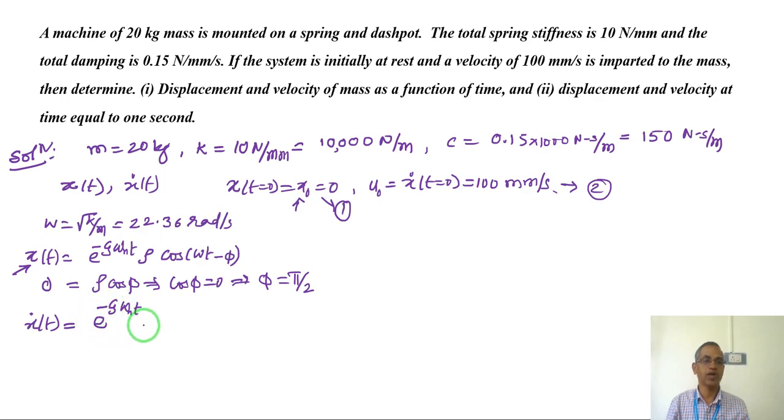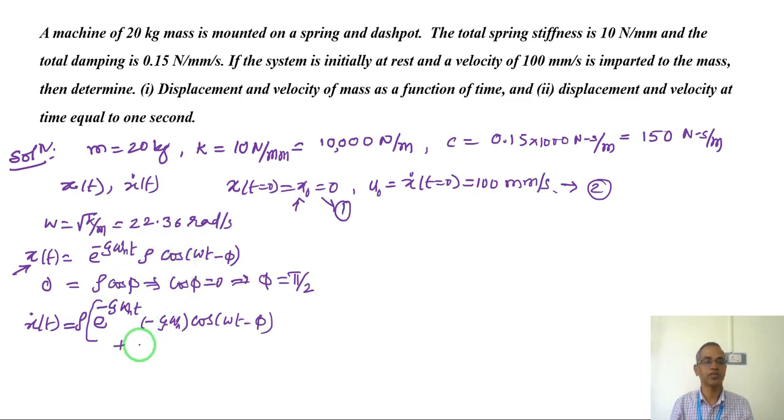Differentiating this e power minus xi omega n t, we will have minus xi omega n into the second function, cos of omega t minus phi, and rho will be there anyway, so we will keep rho outside, plus the second function differentiation.